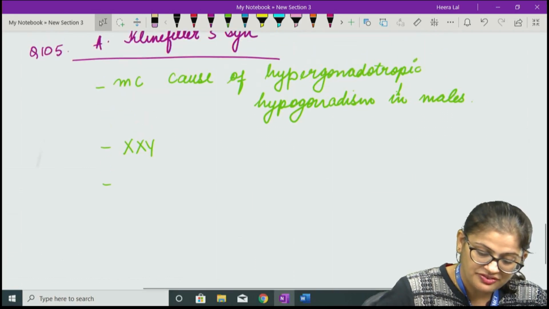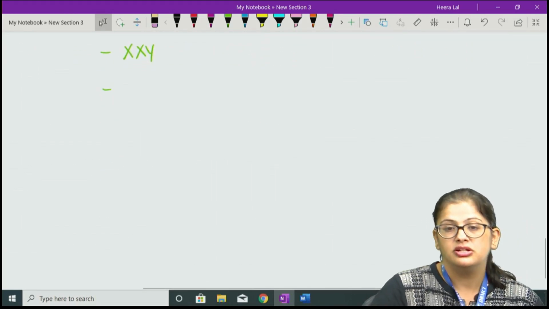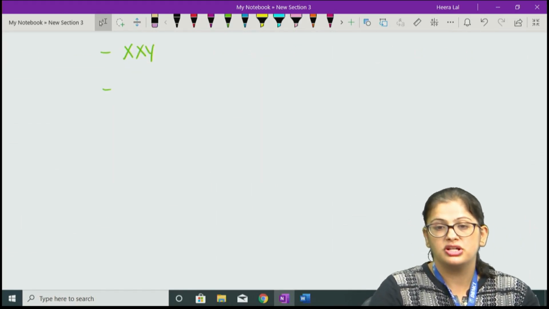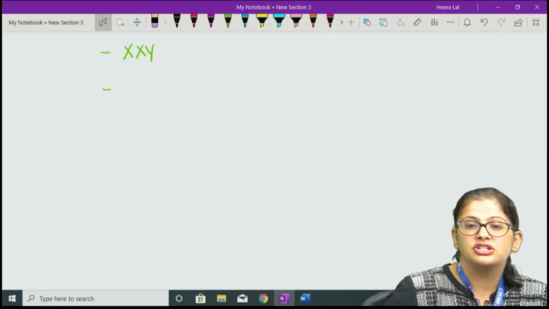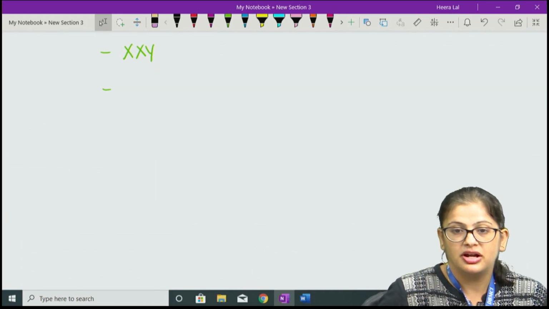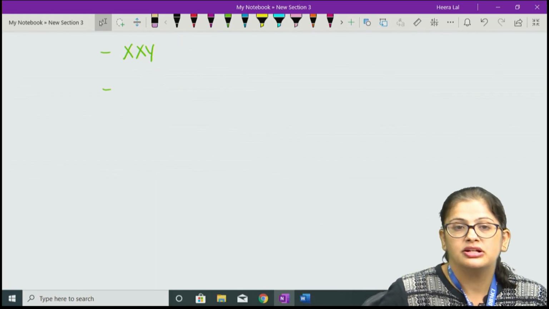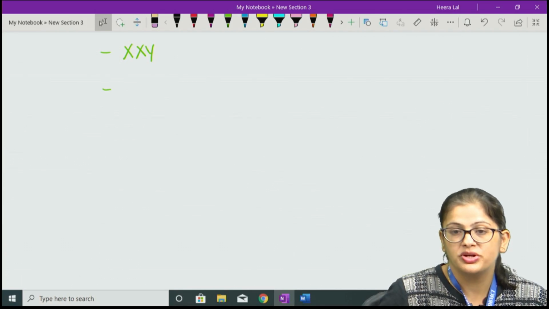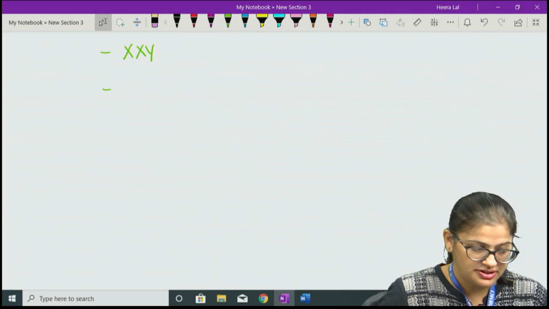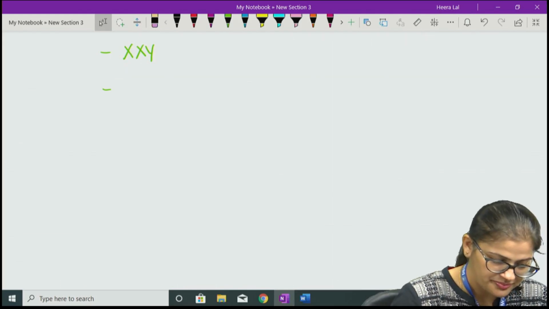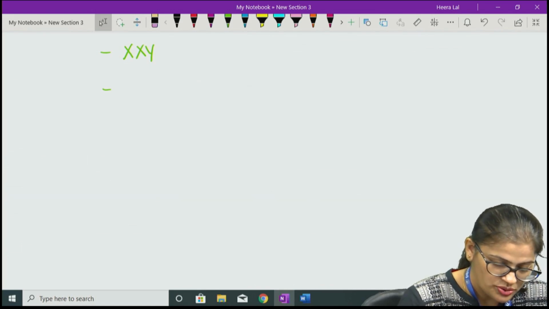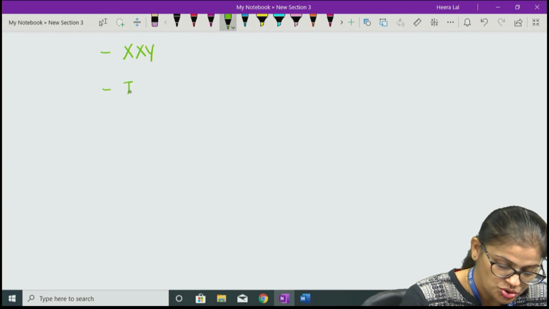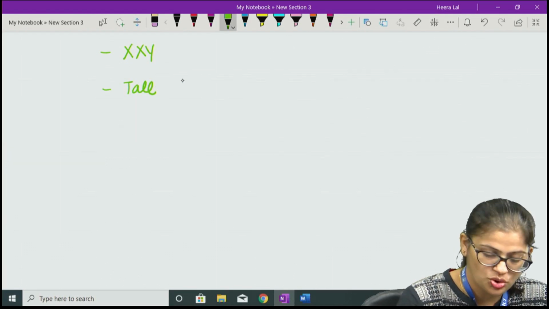So Klinefelter syndrome should be suspected in any boy with tall stature who has mental retardation. Often this condition is not diagnosed until adulthood, or diagnosis becomes obvious during the time of puberty, when boys fail to attain secondary sexual characteristics. So you should know that this condition also has tall stature.